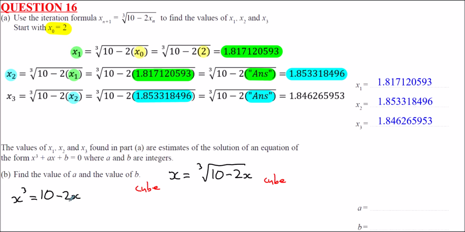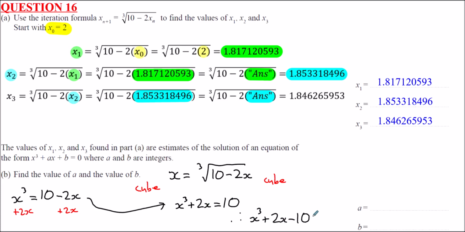So what I'm going to suggest we do first of all is to add 2x to both sides. We then get x cubed plus 2x equals 10. Then finally, if we subtract 10 from both sides, we get x cubed plus 2x minus 10 equals 0.